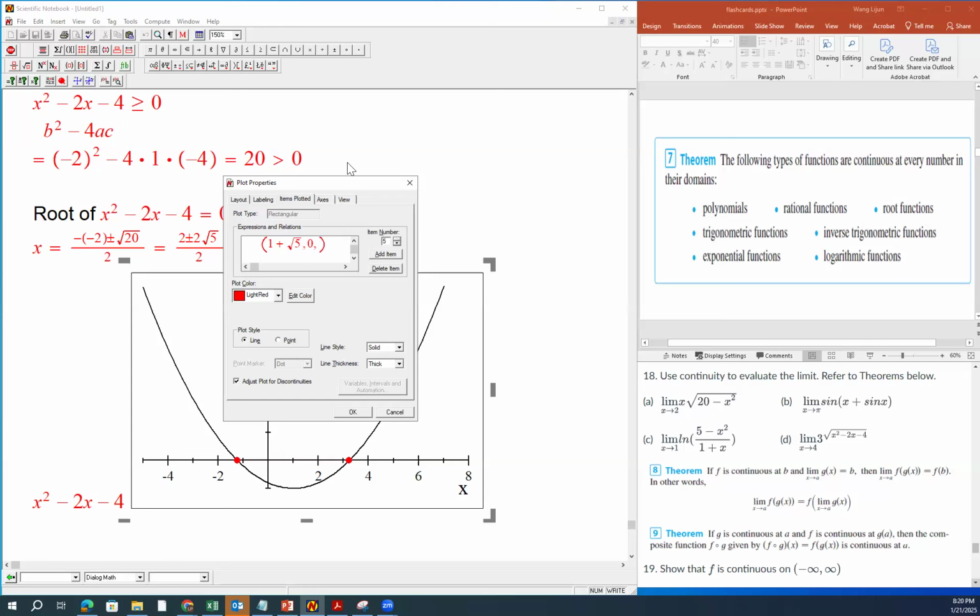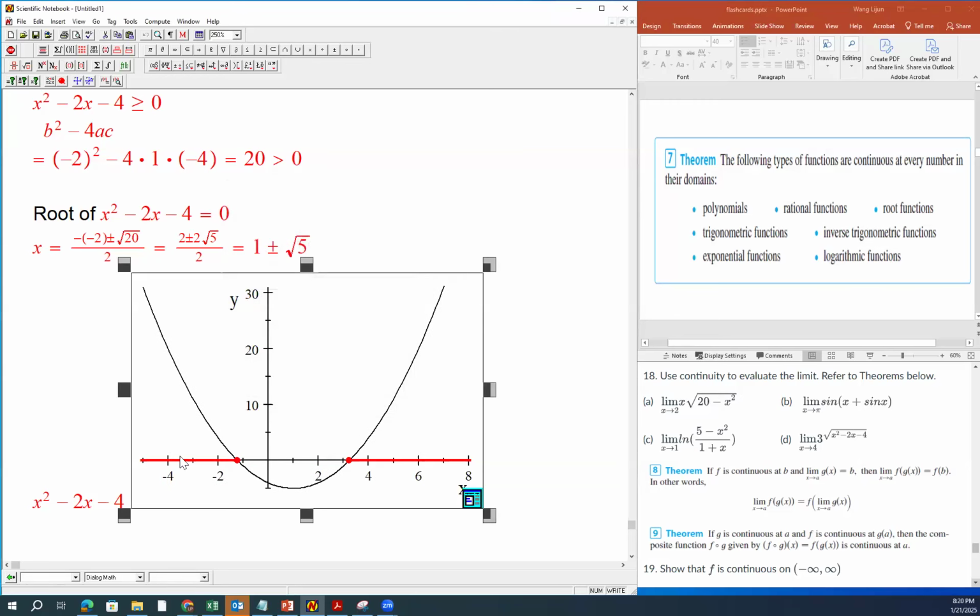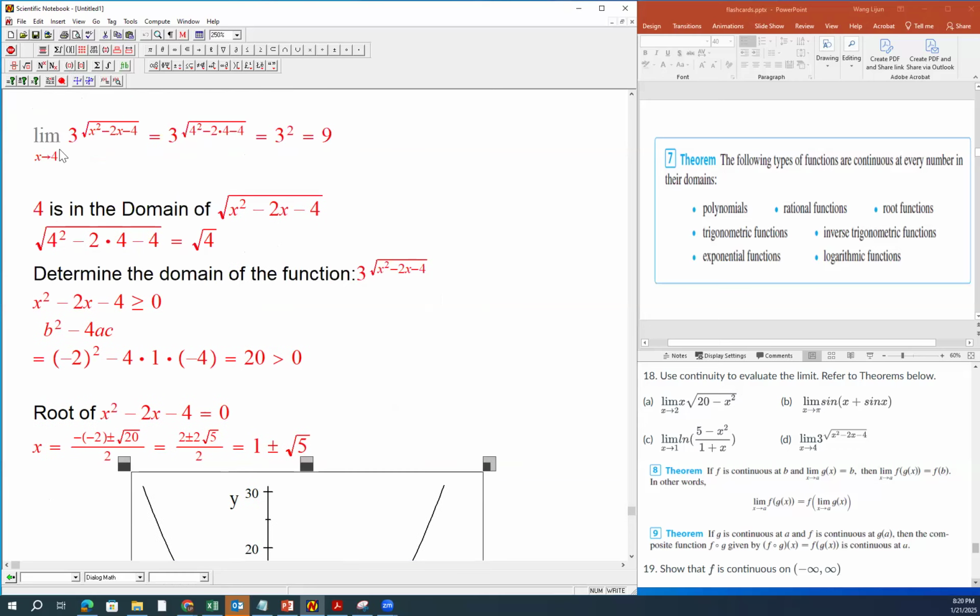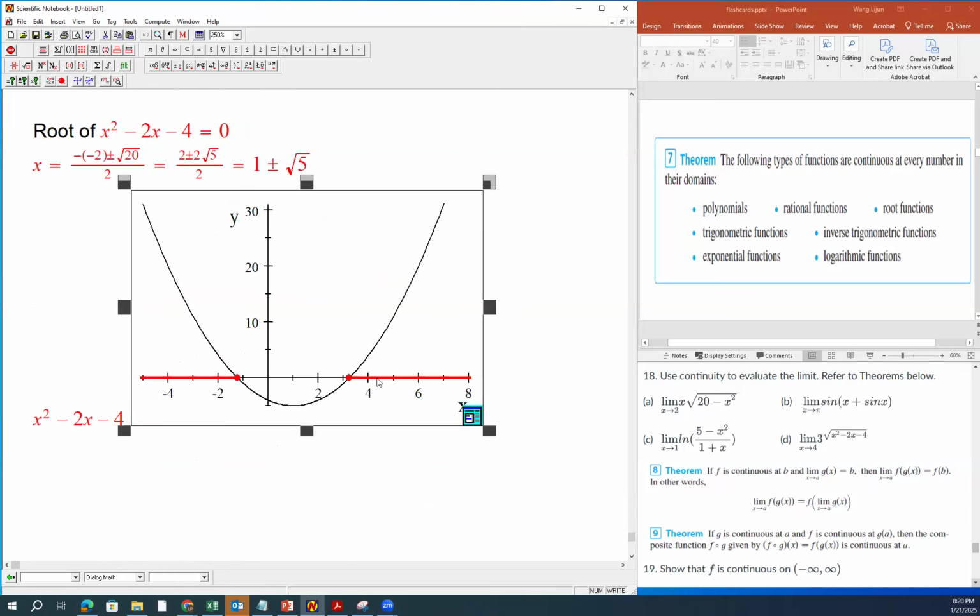You don't have to know how to use this software, so don't worry about it. So these are the domains. You can see positive 4 is well in that domain. Positive 4 is right there. Okay, so that's another way to see this.